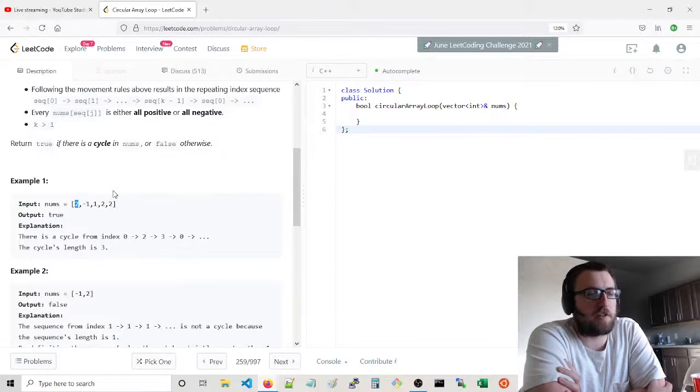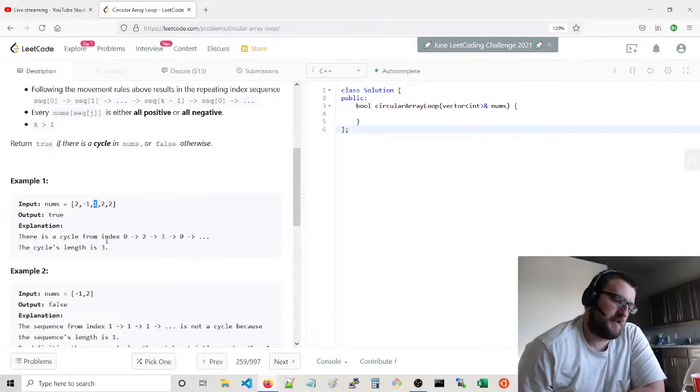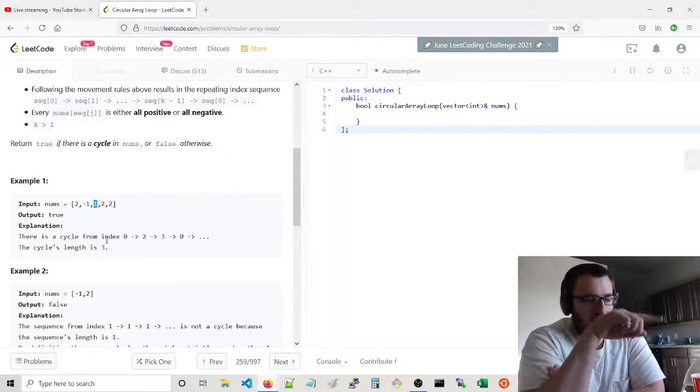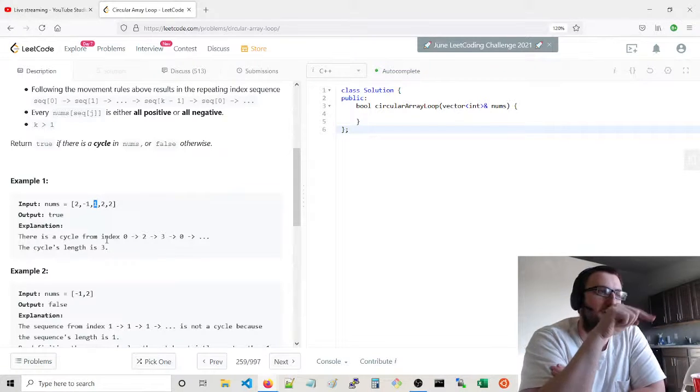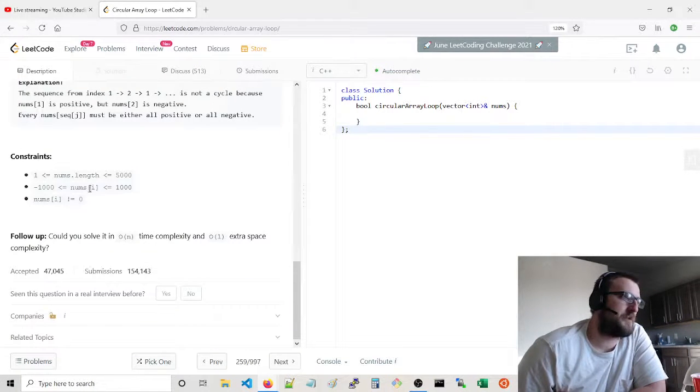So if you come back to anything in that visited set, you would return true, except if the thing that you're coming back to is itself. So if the number, and actually don't return true, you would say if the number you're coming back to is actually the previous number. So in other words, you went 0 steps, I guess. Let me just see. Yeah, it's possible to go 0 steps.